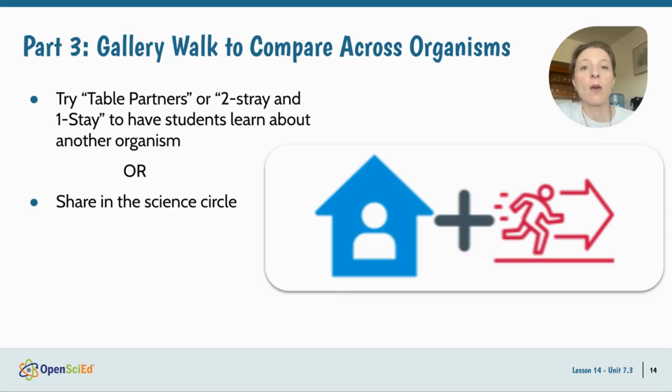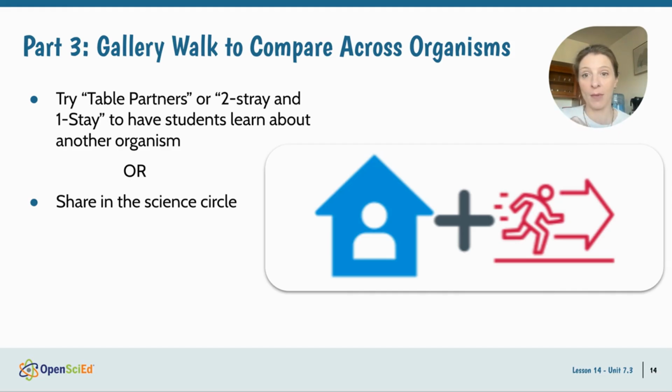In part 3, we are asked to do a gallery walk. If you're running short on time, try different strategies like a table partners approach or a 2 stray, 1 stays strategy. Instead of a full-scale gallery walk, have students share their organism evidence with someone who studied a different animal to see if the patterns really do hold true across species.